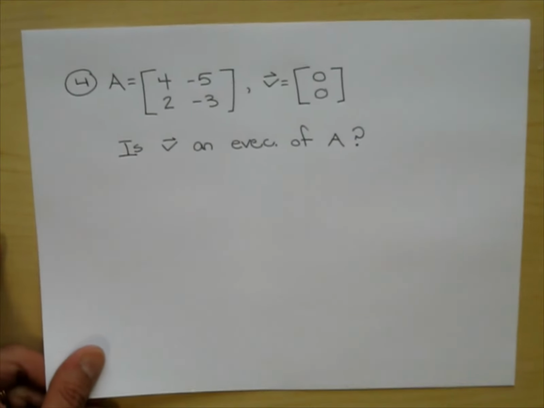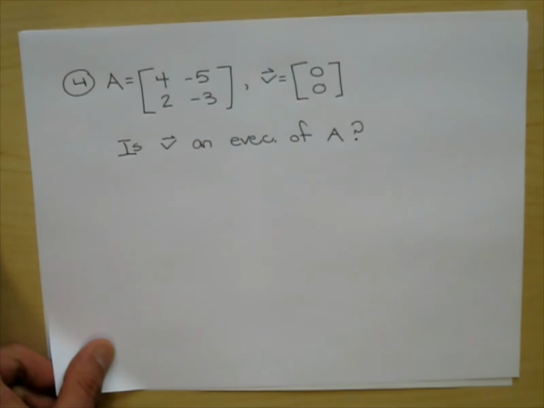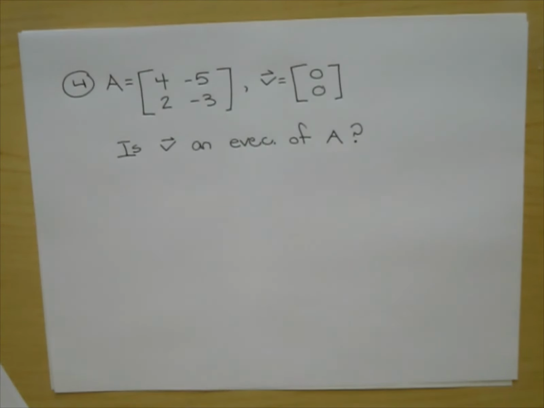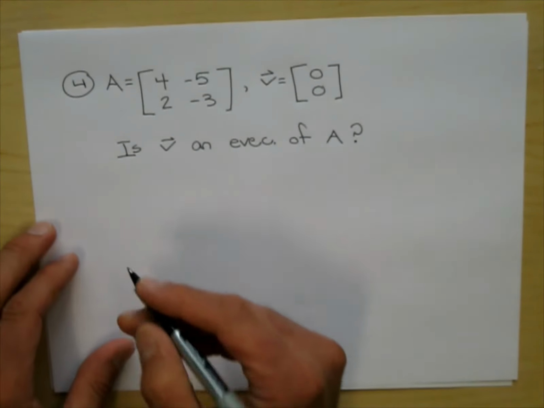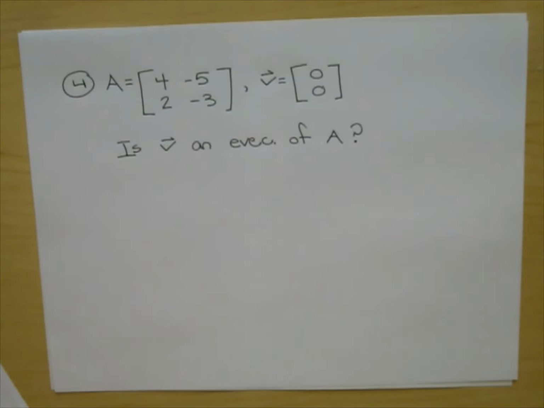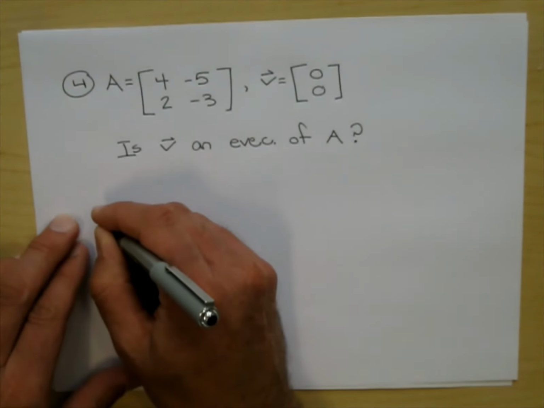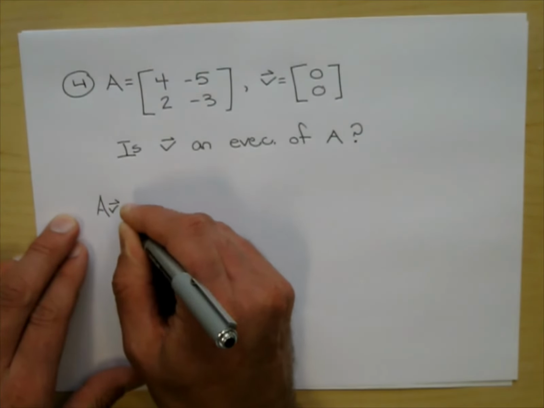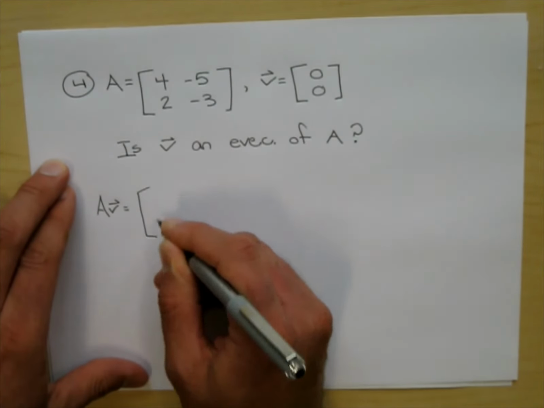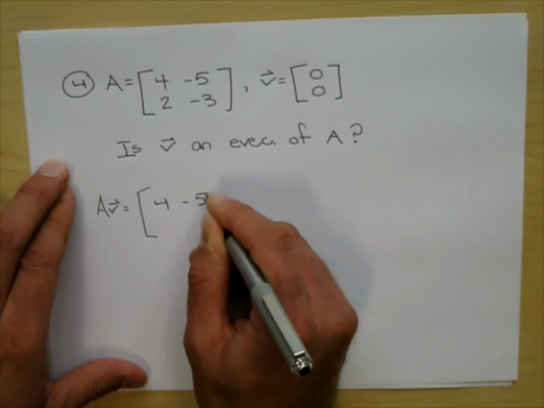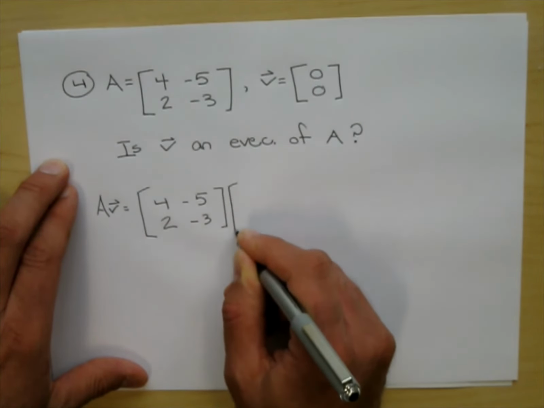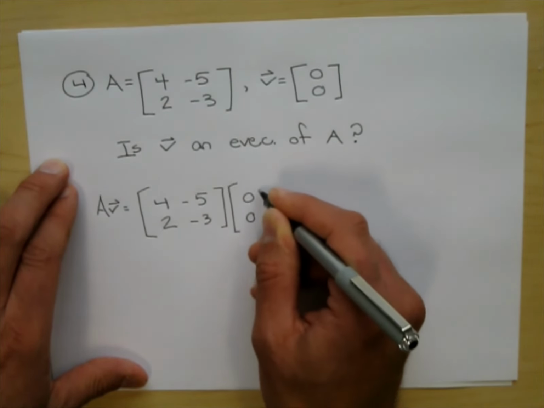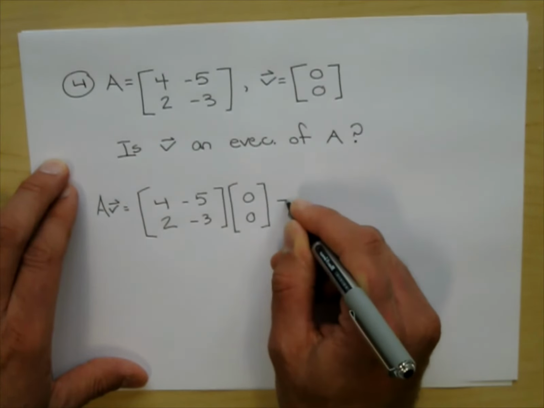Problem number 4. Is V an eigenvector of A? And V happens to be 0, 0. So let's check this out. AV equals. So here is A. Here is V, which is 0, 0. So what does this give me?